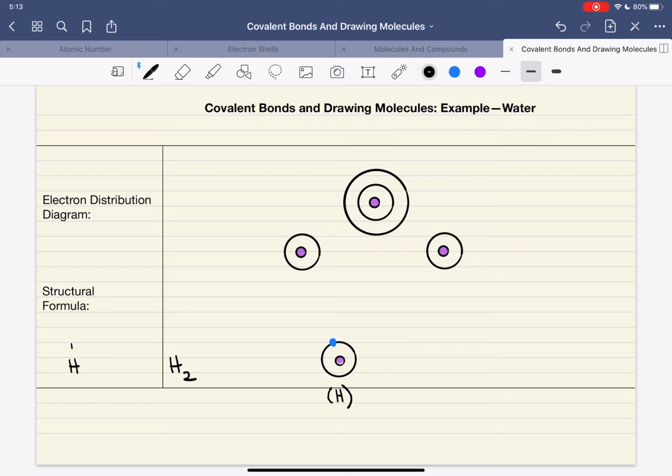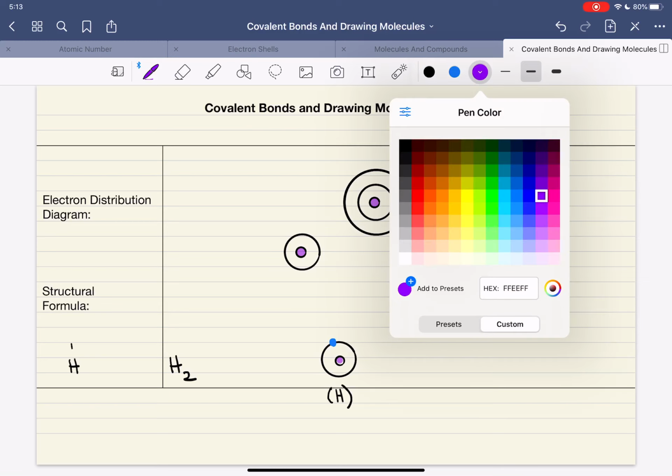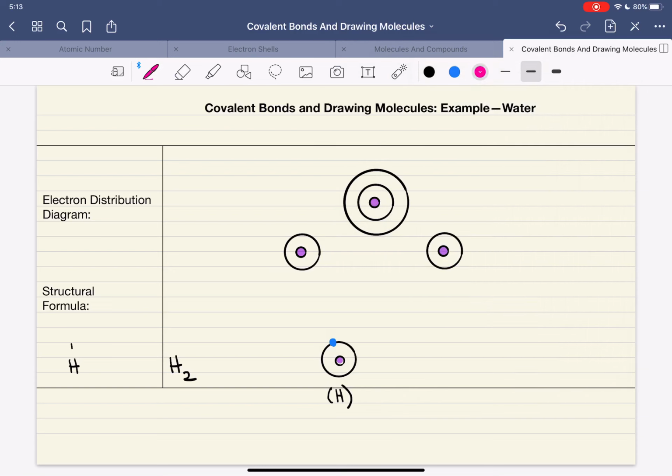So remember, we like to put an X showing what that atom wants, the number of unpaired electrons. Hydrogen wants one more. Let's see, can I copy and paste this? Give me one moment.